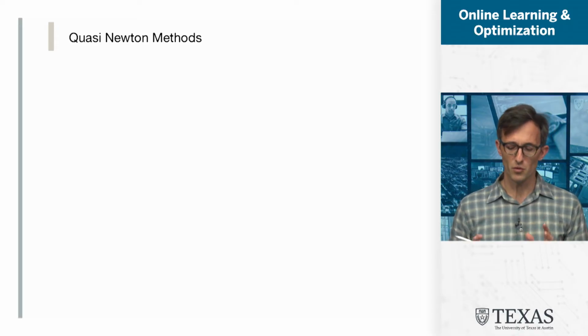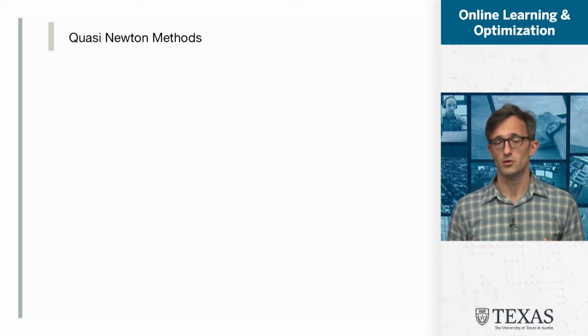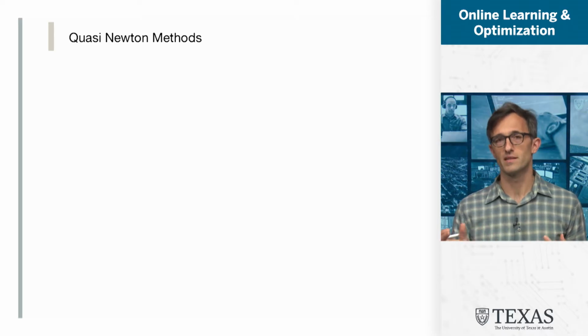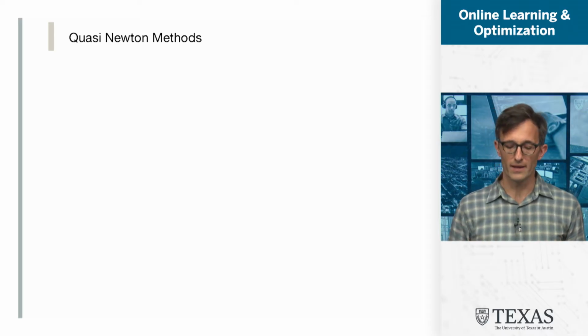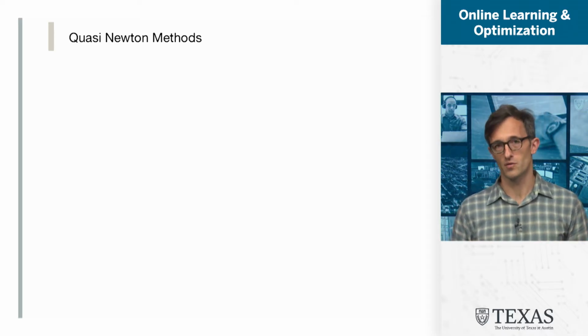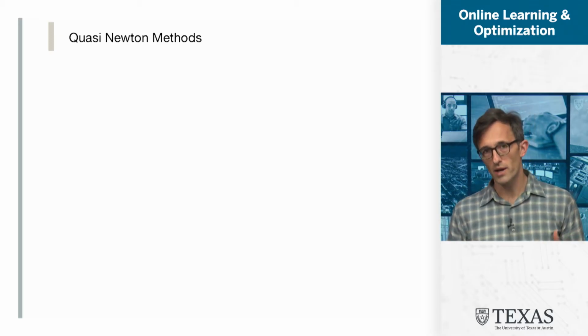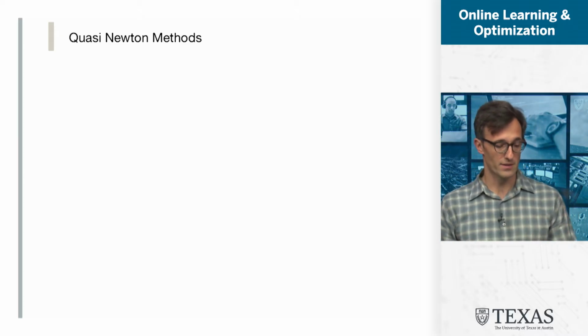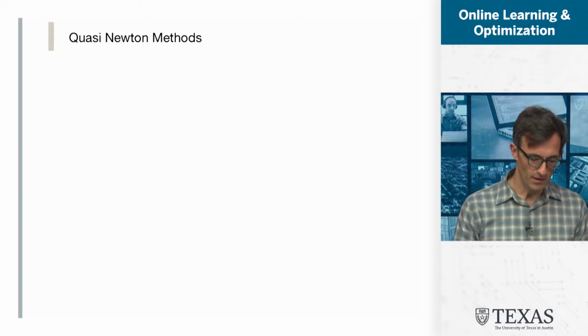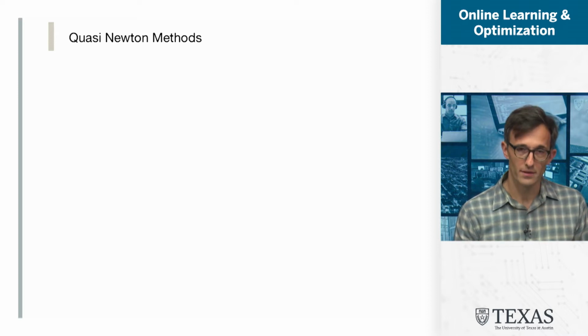But the motivation for quasi-Newton methods is to try to capture the best of both worlds, to try to get this accelerated convergence rate that Newton's method promises, but trying to mitigate, at least to some extent, the cost of Newton's method. So let's briefly look back at what we've seen.